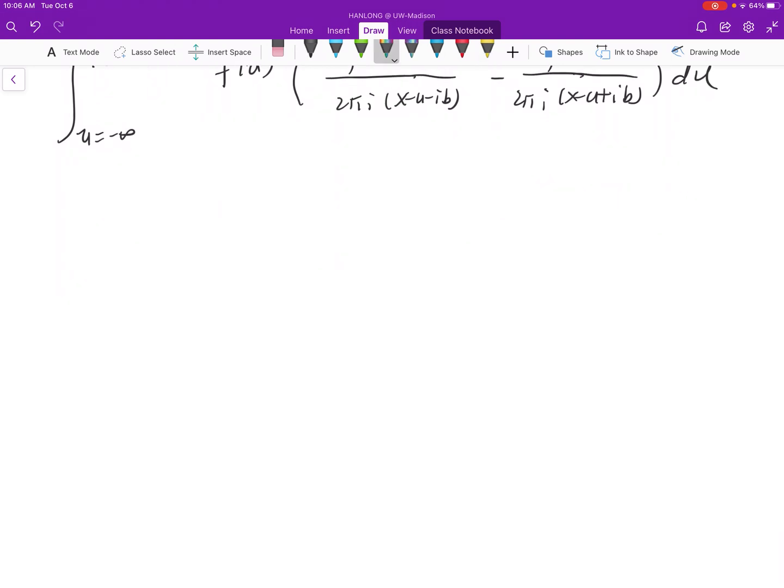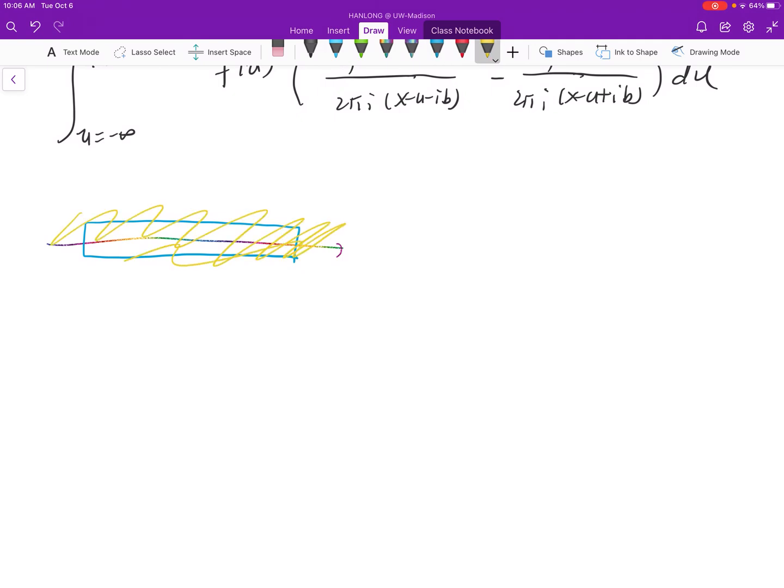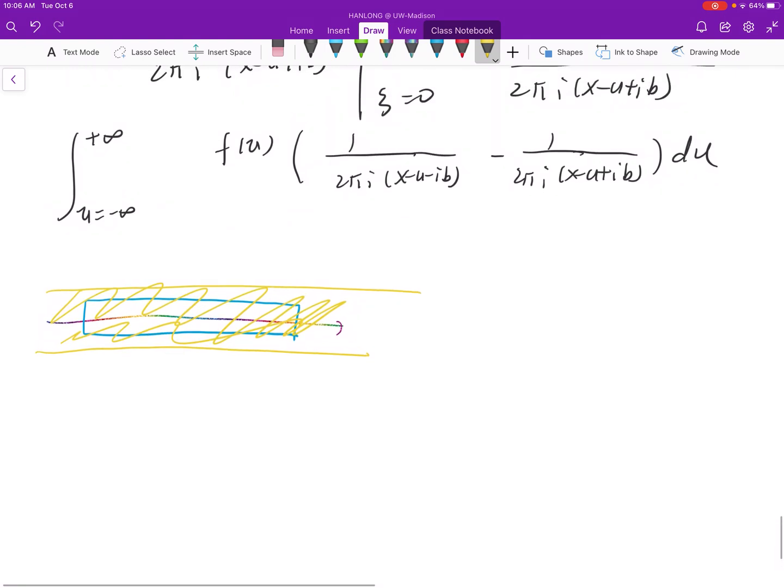If you look at the picture, this is the strip we are in. This integral is just a horizontal path of the contour integral.